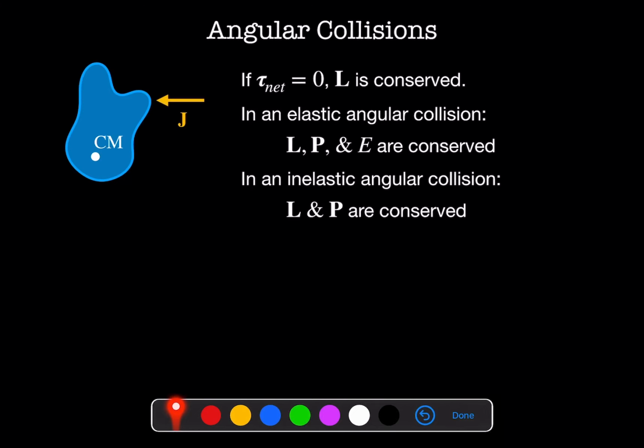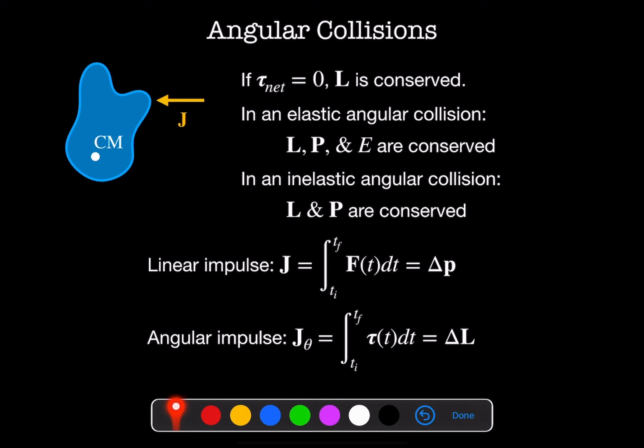So in most of these cases, we imagine there's some sort of impulse that is acting on our system. Impulse, you might recall, is equal to the integral from t initial to t final of some time-dependent force dt, and this is equal to the change in momentum. Equivalently, we've got an angular impulse, which I've denoted with a subscript theta.